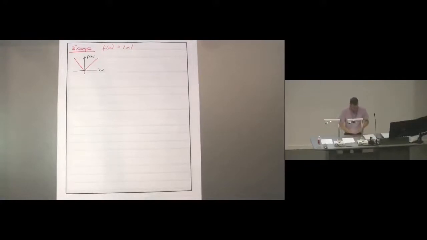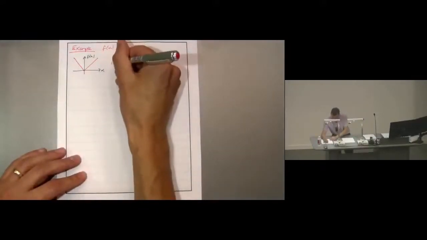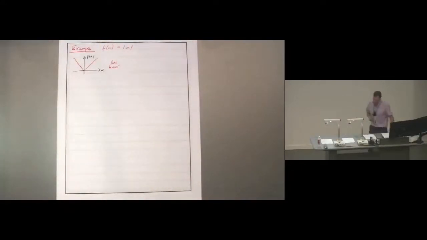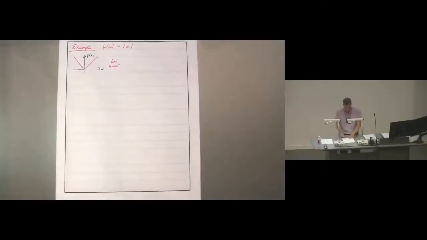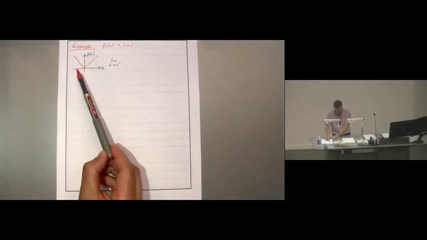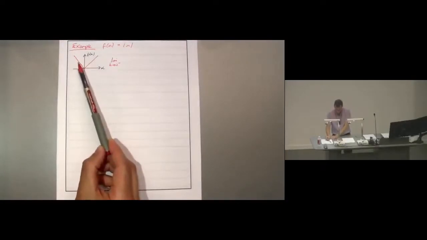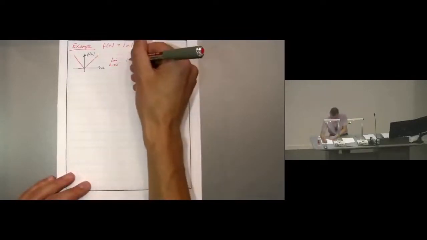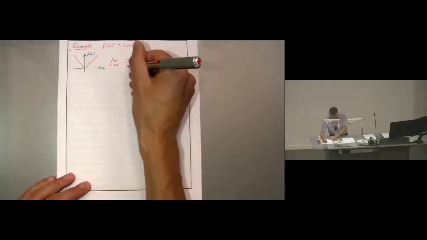So if we do a left-hand limit, so we take the limit as h approaches 0 from below, then according to this definition of the derivative, I'm supposed to evaluate the function f where I'm trying to take the derivative, which here will be x equals 0, plus h, and h is negative here, so I'm evaluating the function at that point, which is given by the absolute value of h, and then I divide by h.